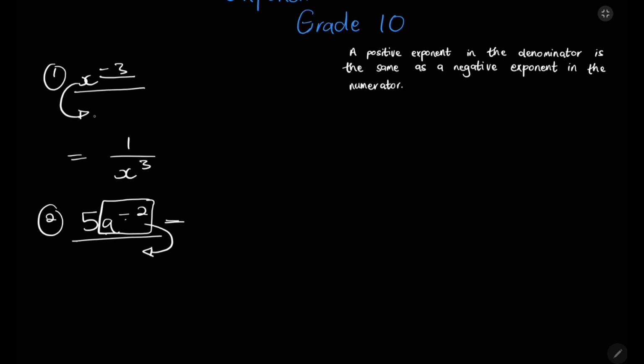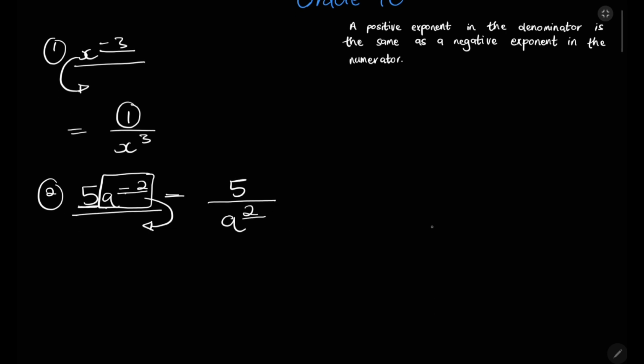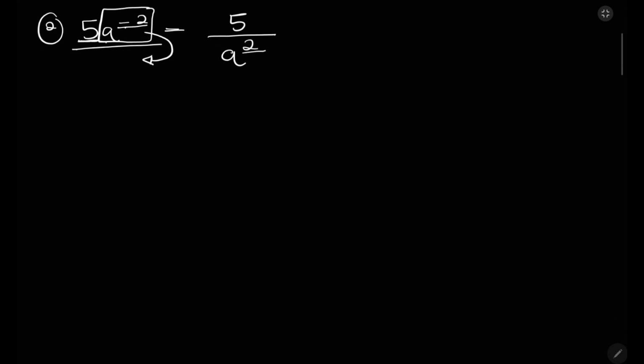So when you take it to the denominator, you'll be left with 1. But in this case, there's a 5. So that means you'll have your 5 in your numerator over a to the power 2. It was a negative 2. Here it's positive. Okay? So please make sure that you check your factors.